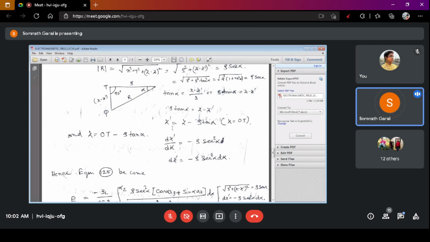Now if we differentiate this equation with respect to alpha, then dz dot by d alpha is equal to minus rho sec squared alpha. Got my point?